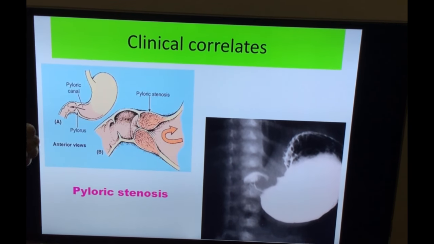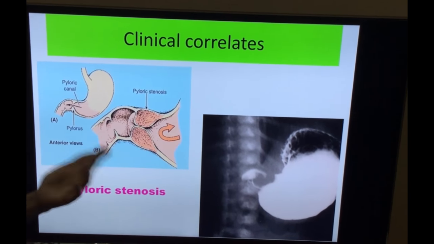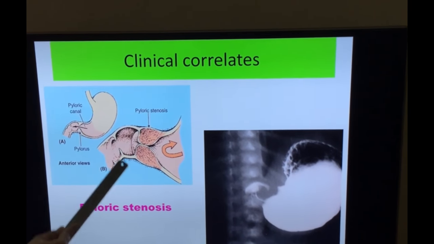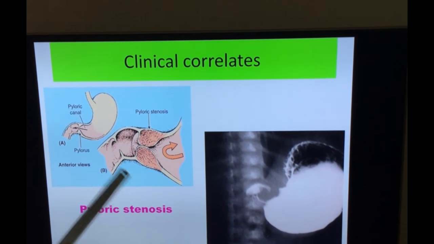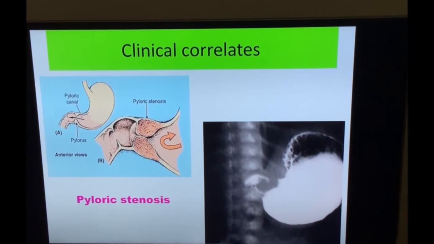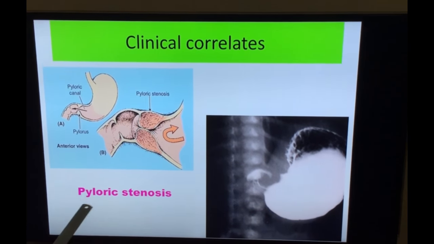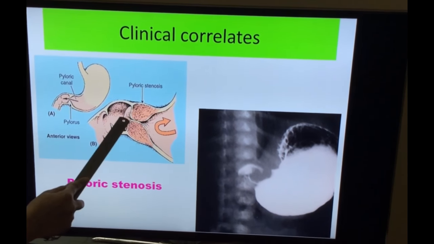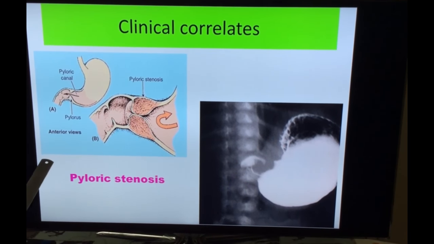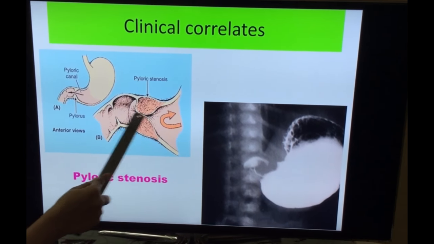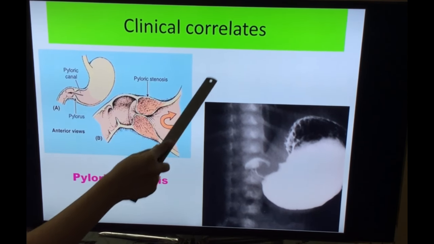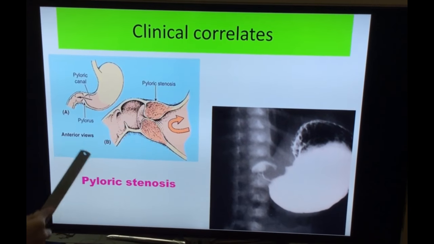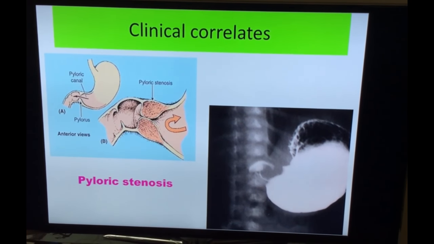Stenosis is narrowing of the lumen. Atresia means complete closure. Atresia can also occur, but the most common one is pyloric stenosis, where there is narrowing of the lumen. There won't be much space for the food or liquid to go down into the small intestine, the duodenum.